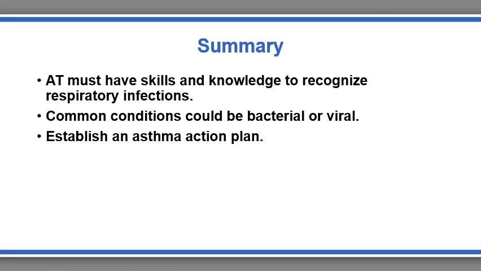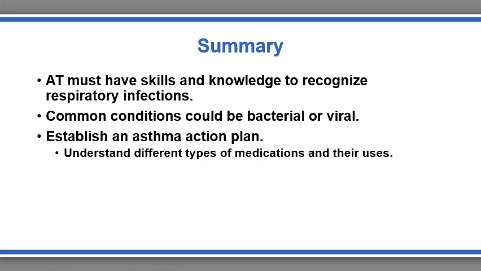Establish an asthma action plan, so make sure you're familiar with the protocol as far as measuring spirometry, how to find the personal best, and the different zones of asthma control. You should be familiar with all of those and how they get utilized in managing the person's asthma.